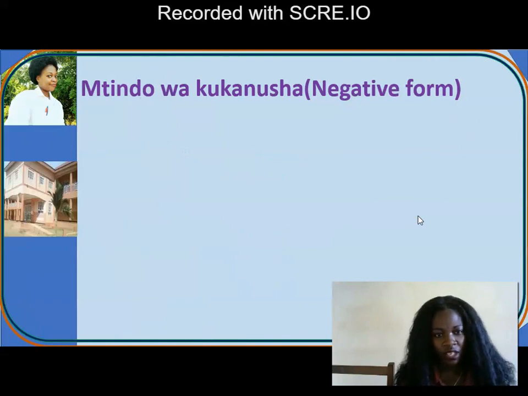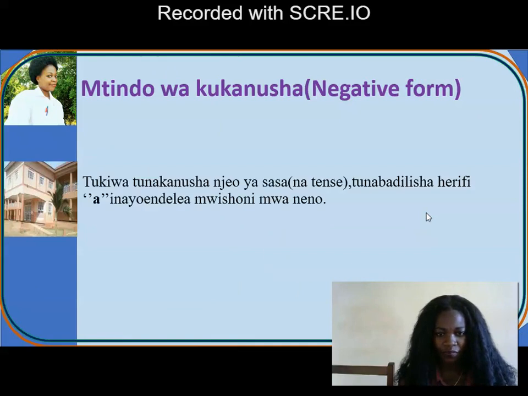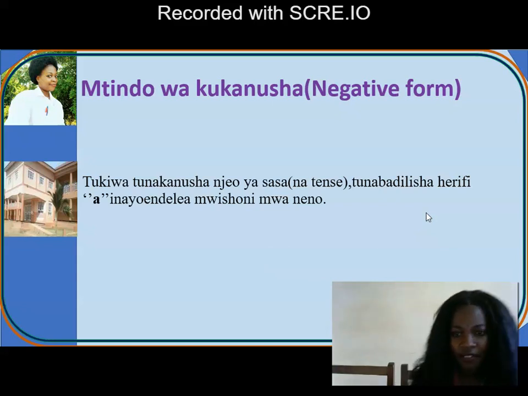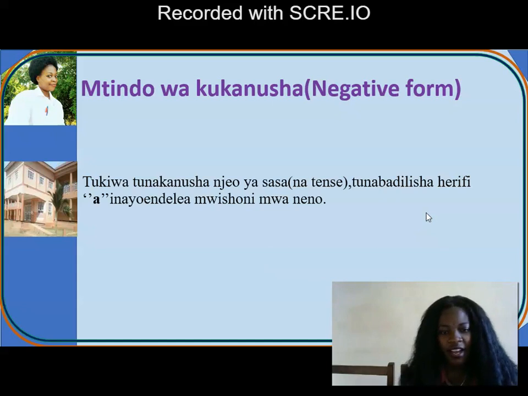Mtindo wa kukanusha, negative form. This is the way we can negate positive statements to negative statements. Tukiwa tunakanusha njeo ya sasa, in brackets present tense, tunabadilisha herufi a inayoendelea mwishoni mwa neno.